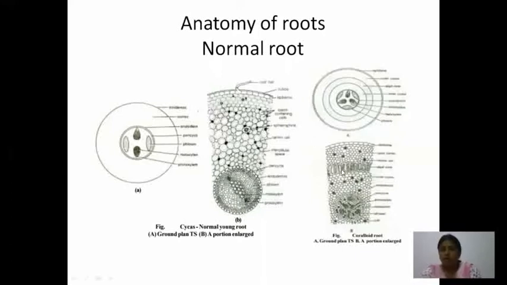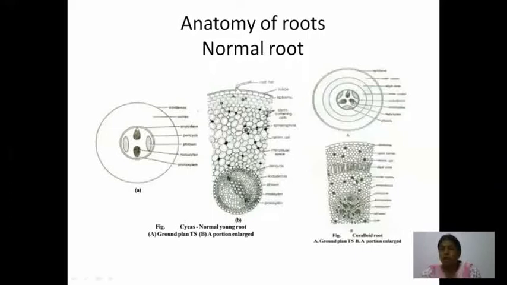Here in the cortex, you see some blue-green algae present, such as Anabaena. These cells in which Anabaena is present are slightly larger than the other cells of the cortex. So this is the main difference between the normal root and the coralloid root.